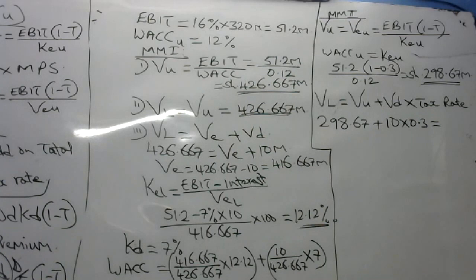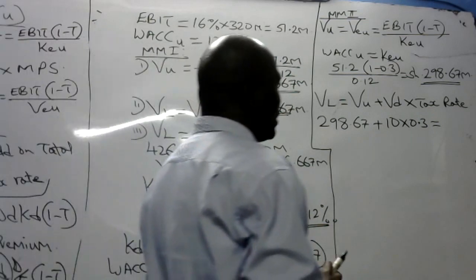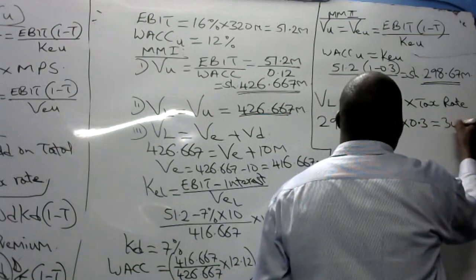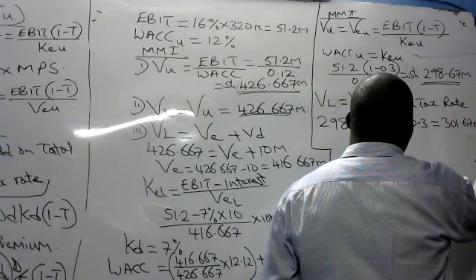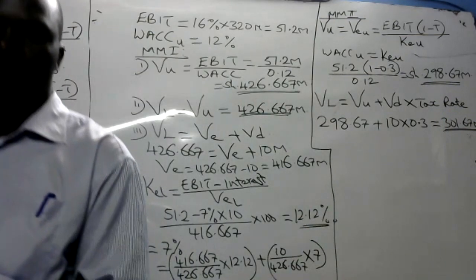Tax on debt. 30% of debt. It is not after tax. It is 30% of debt. That gives us 301.67. So 301.67.